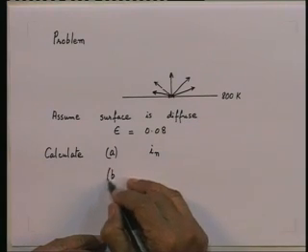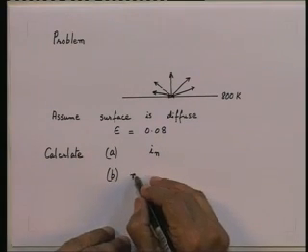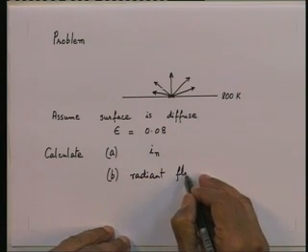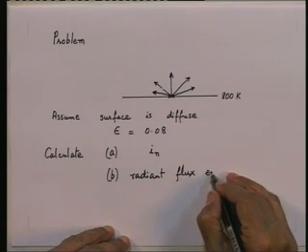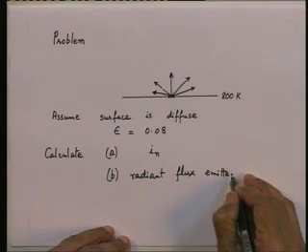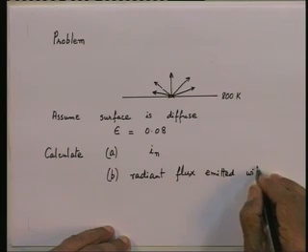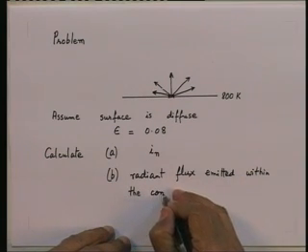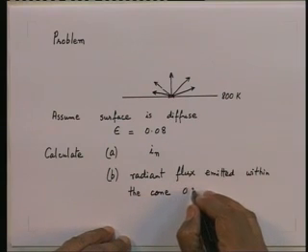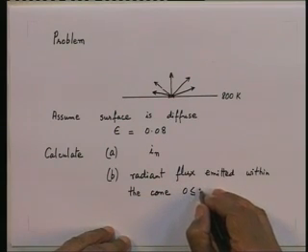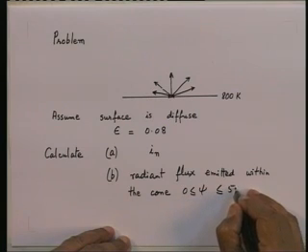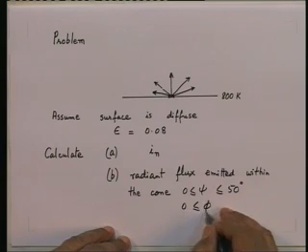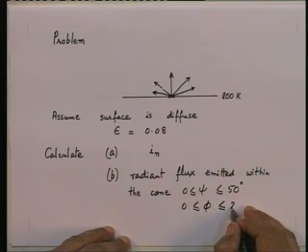B, the radiant flux emitted within the cone 0 less than psi less than 50 degrees, 0 less than phi less than 2 pi.